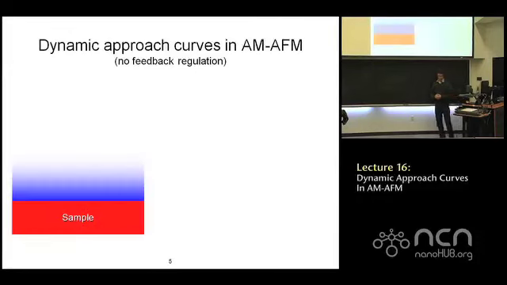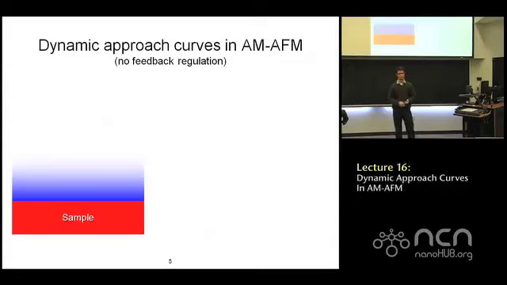So now onto what's really a much more relevant simulation from the experimentalist point of view, which is the dynamic approach curves. We're going to do this today in amplitude modulation AFM. That means we excite the cantilever at its resonance frequency we found from the tuning curve, and we approach the sample.